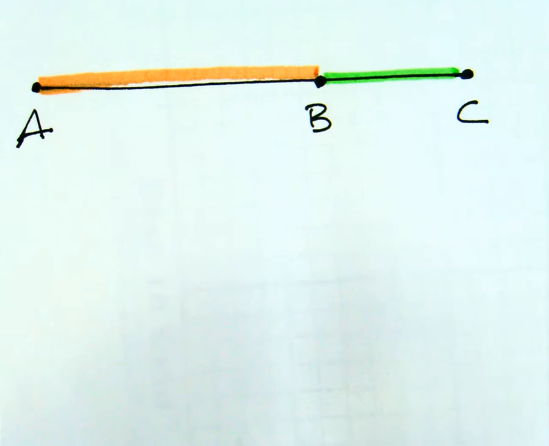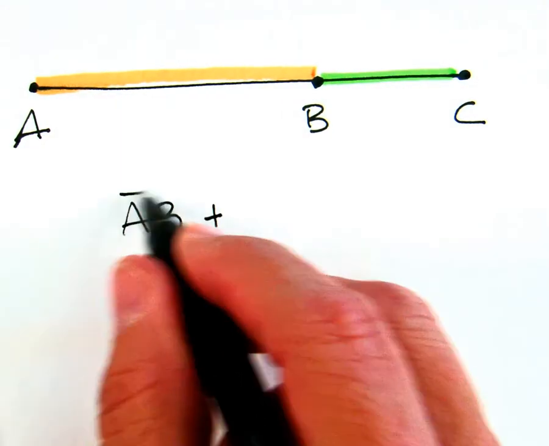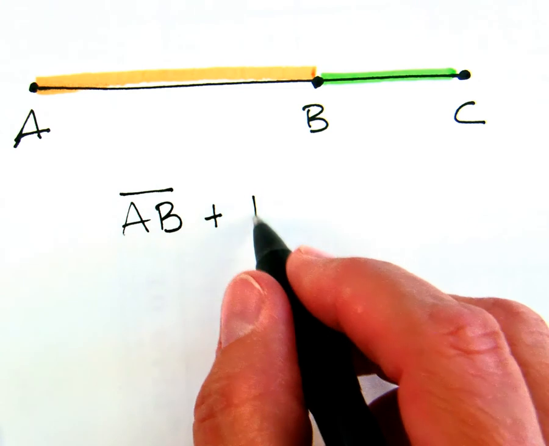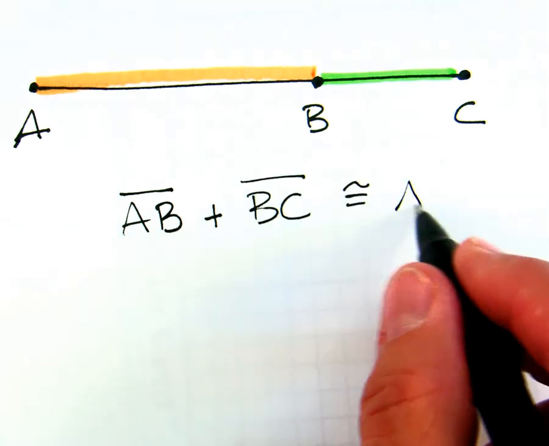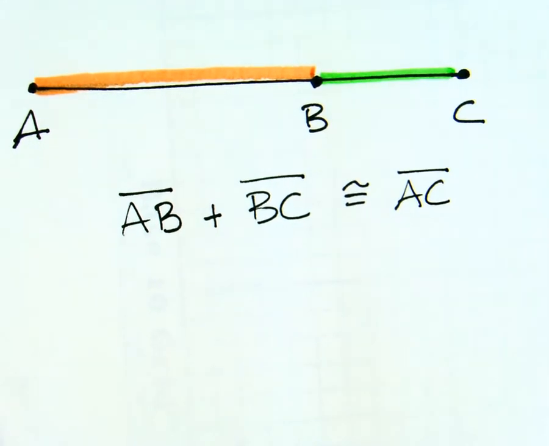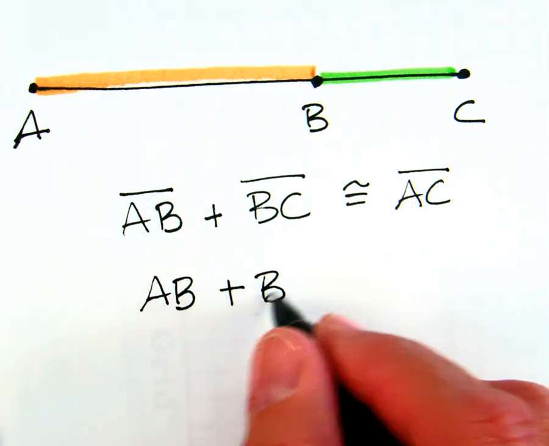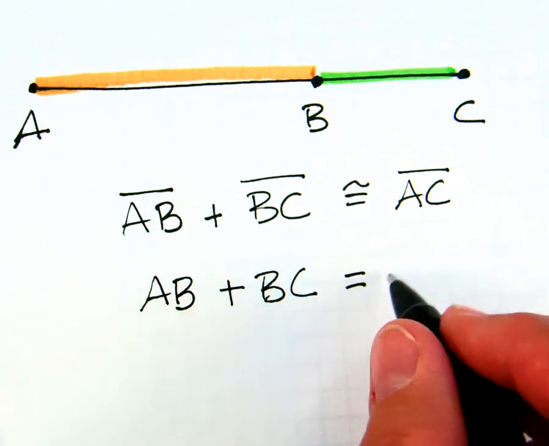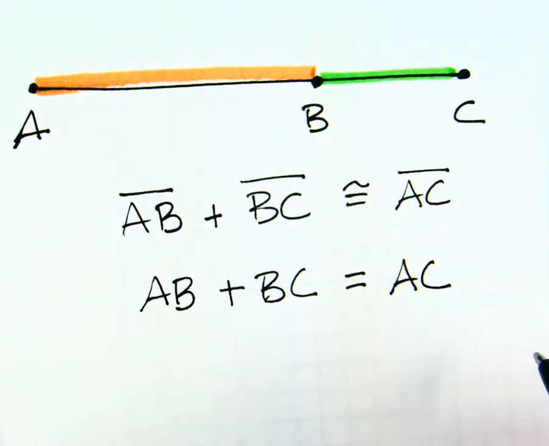So we can work with this, and we can say that the segment AB plus the segment BC together makes the segment AC. And we can also say the lengths AB with no line on top plus BC is equal to the length AC. I'll talk more about the difference on that in a minute.